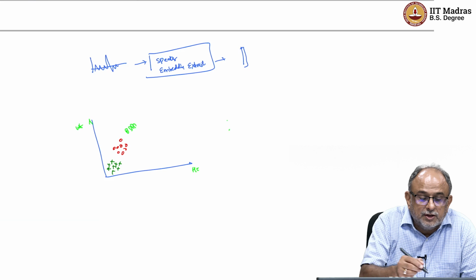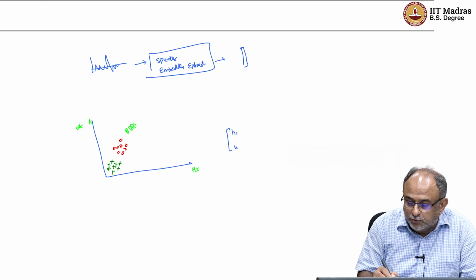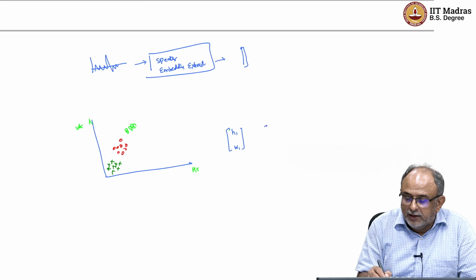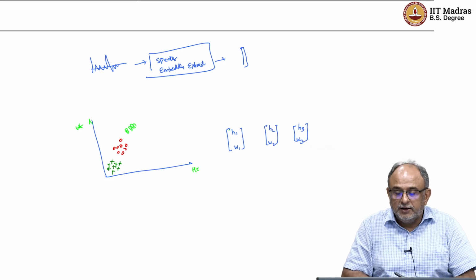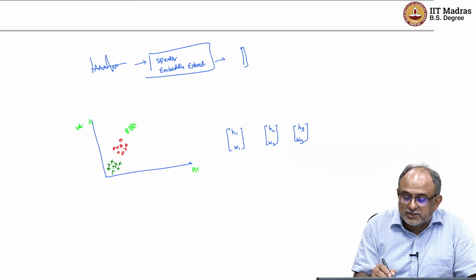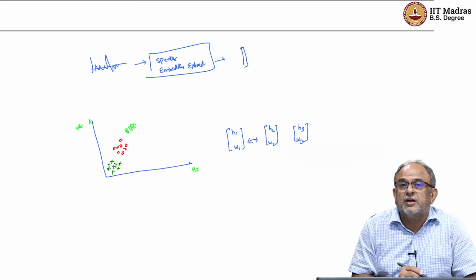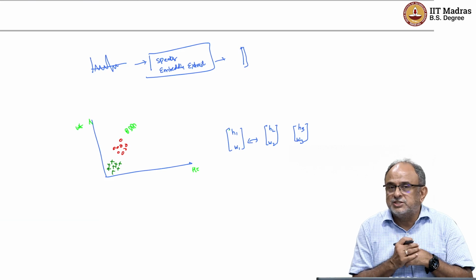So it is height 1 and weight 1 for one human being, height 2 and weight 2 is a measurement for another human being, height 3 and weight 3 for another. Now I can ask how close these two vectors are. If they are very close, then we assume that they belong to the same class.